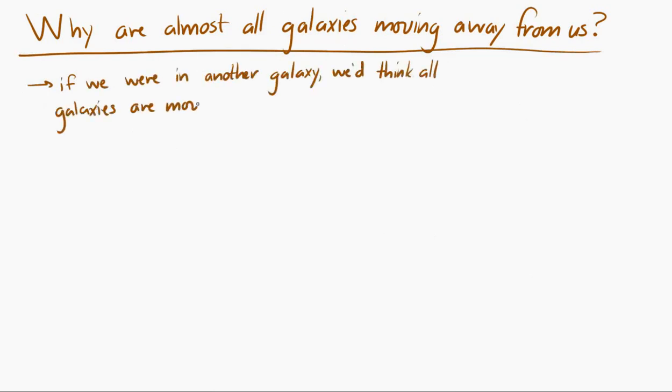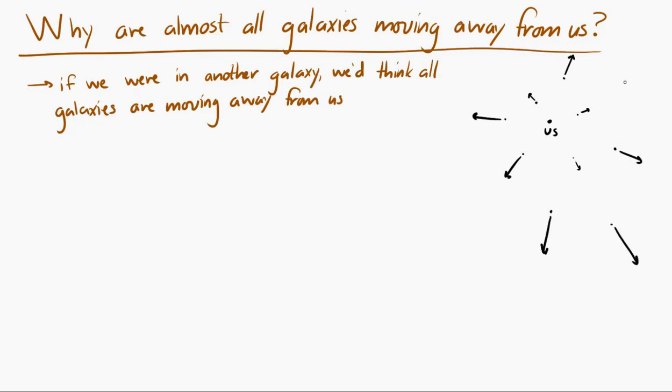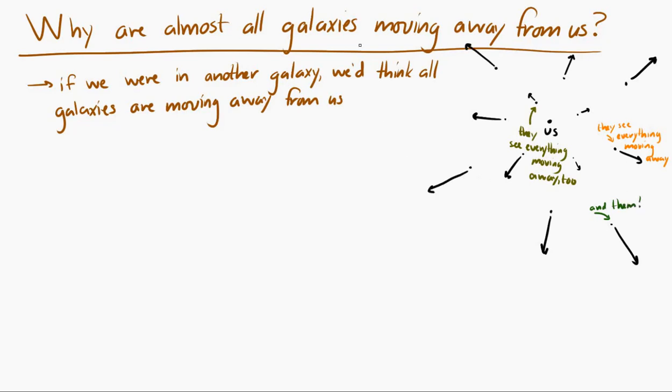If we were in this galaxy right here in this picture, it would seem like everything is moving away from us. And if we were in this galaxy over here, it would also seem like everything is moving away from us, and the further away something is, the faster it's moving away from us. The simplest explanation for this is that the universe itself is expanding.